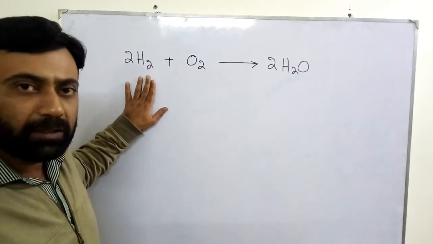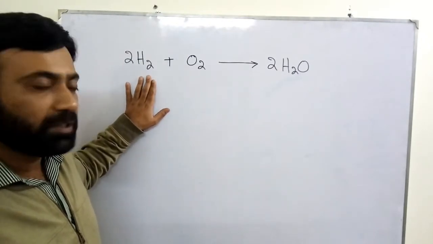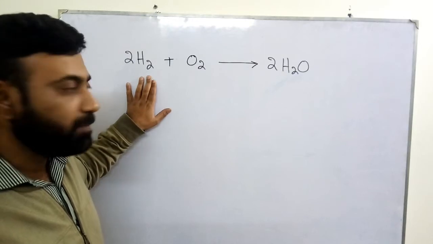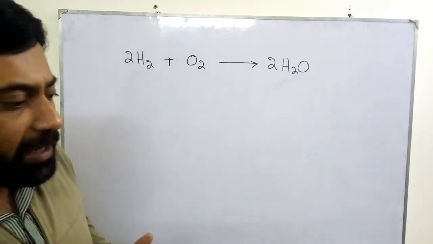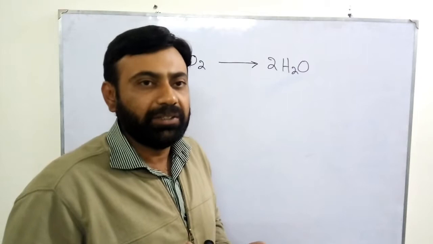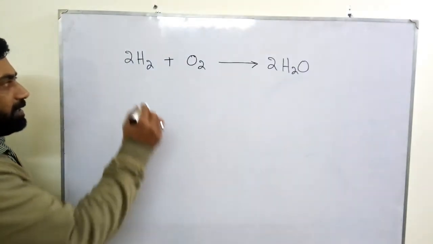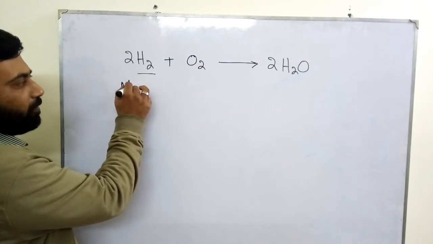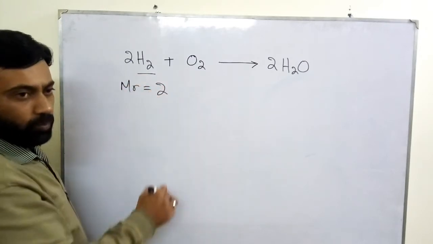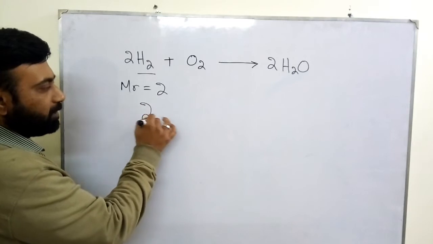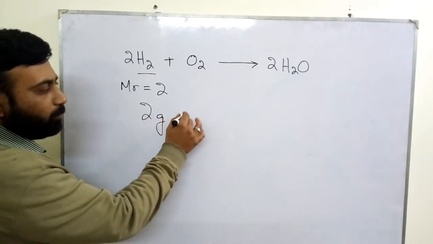Now what a mole is, actually: if we take the mass of a substance in grams equal to what its molecular mass is, that quantity is its 1 mole. For example, molecular mass of hydrogen is 2. If we take 2 grams of hydrogen, that would be its 1 mole.